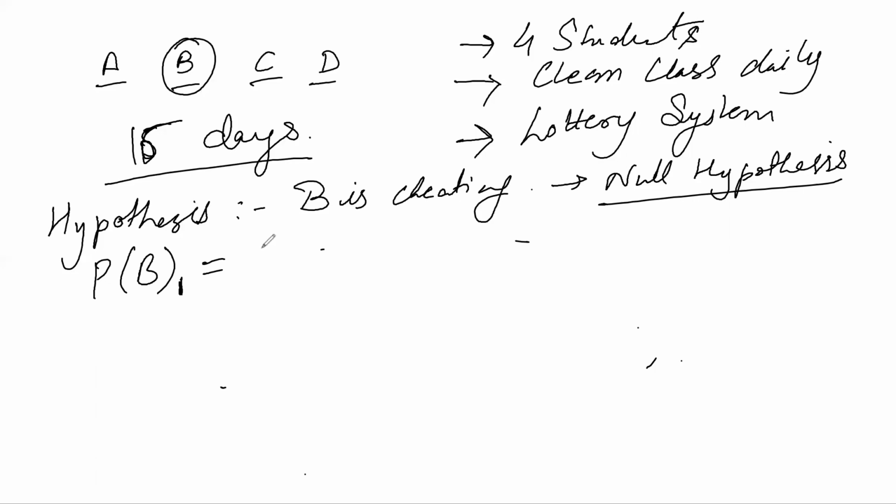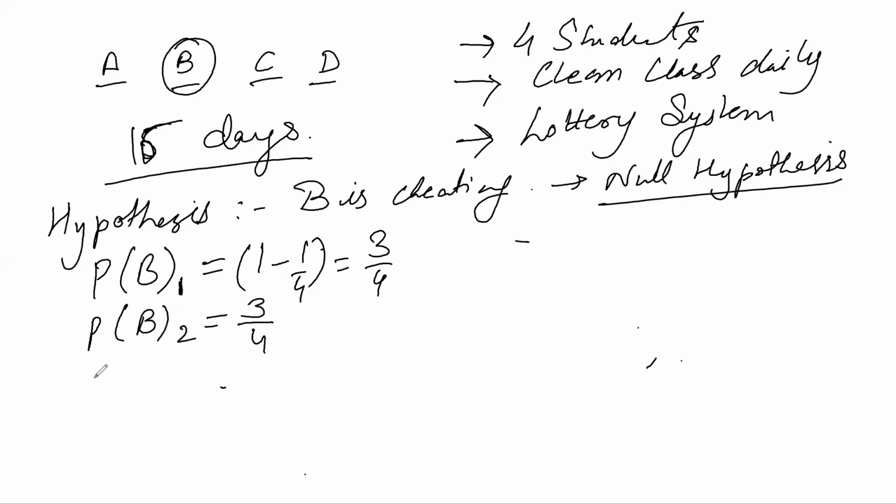So 1 minus 1 by 4 will be equal to 3 by 4. Now the probability of B not getting selected on day 2 as well will be again 3 by 4. Similarly, the probability of B not selected on the third day is 3 by 4, right?